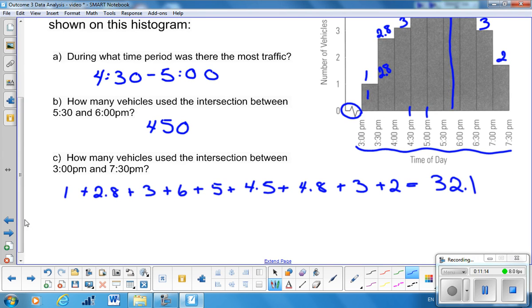Now remember that these are in hundreds of vehicles. So we would need to take that answer and multiply it by 100, which gives us 3,210 vehicles that use the intersection between 3 and 7:30.